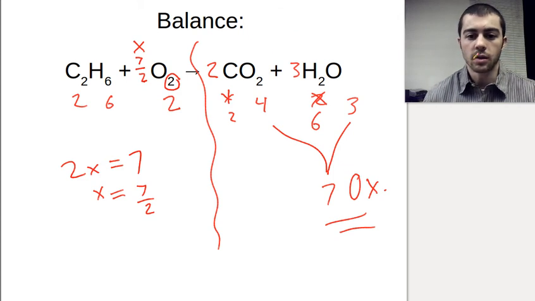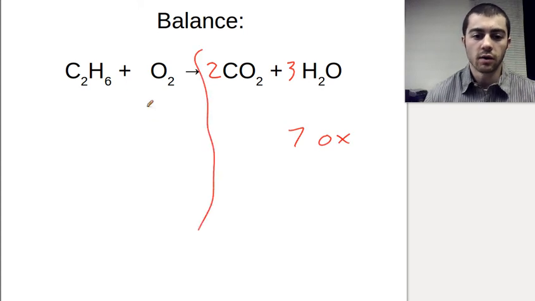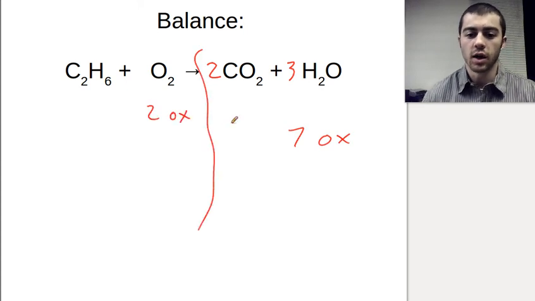So I'm just going to erase this real quick and put down the coefficients that we had up to the point of balancing the oxygen. The other way of doing this, we said everything else is balanced so far except the oxygen, so we have 7 oxygens on the right side, and we have 2 oxygens on the left. The other way of doing this is basically saying what common multiple we have between these two numbers. So we have 7 here and 2 here.